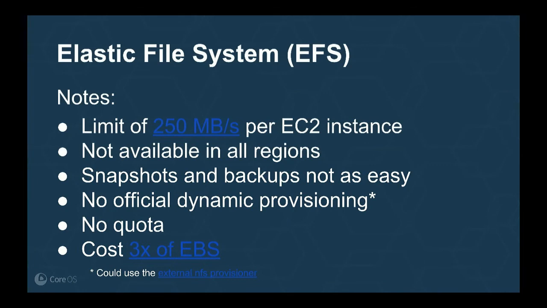Now, because it's an NFS, there's not really a provisioner for it. And EFS in Amazon doesn't really have provisioning either. You create one named EFS volume, and then it grows as needed and shrinks as needed.